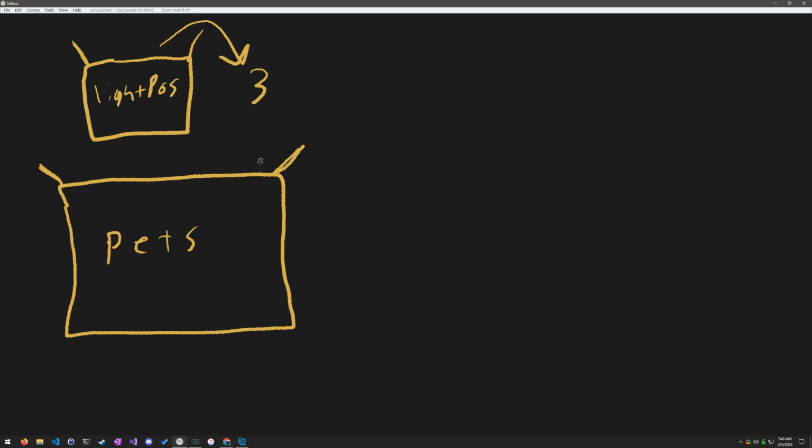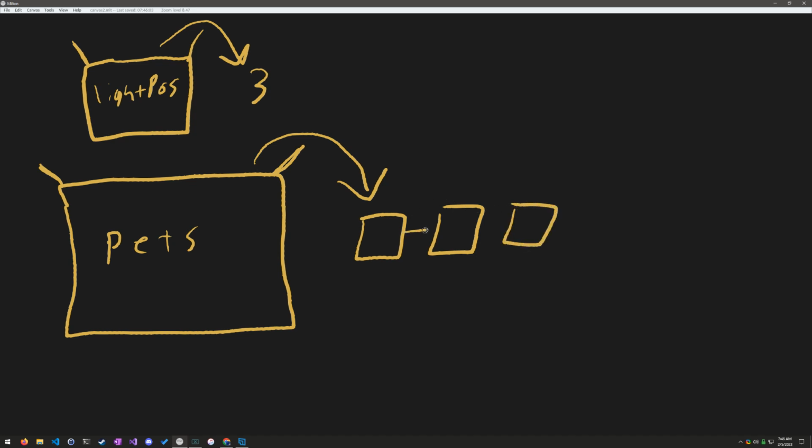Except the unique thing about these variables is they aren't just boxes, right? If the computer looks inside of this box, what it's going to find is, yes, a bunch of boxes, one for every pet that I have. Except these are chained together in an order, right?